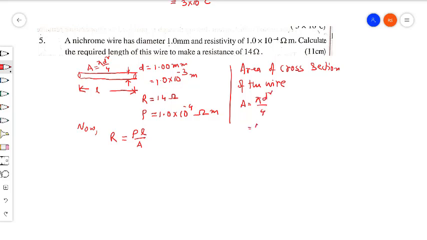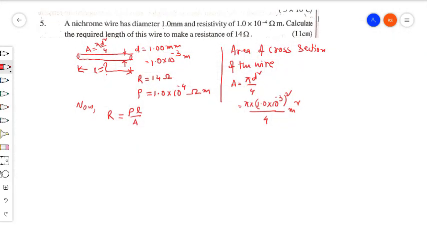So pi into d, 1.0 into 10 to the power minus 3 whole square, divided by 4. So this is in meter square. So the question is, to get a resistance of 14 ohms, what will be the length of the wire?